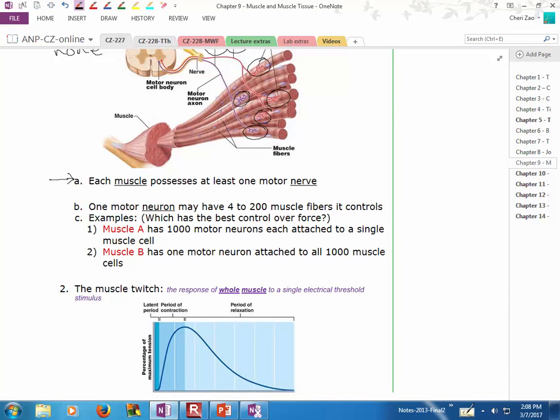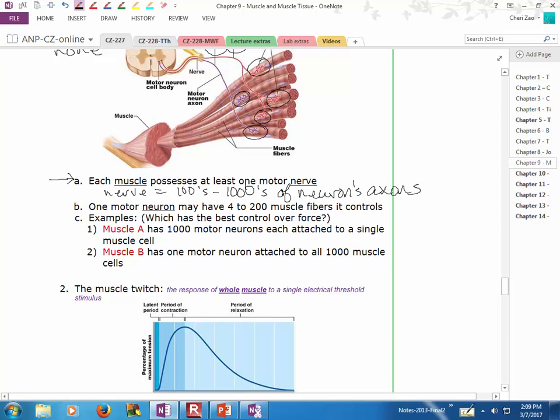One of the things you have to understand is that a muscle is full of hundreds and thousands of muscle cells, correct? A nerve is full of hundreds to thousands of neurons, or axons of neurons. So that's an important thing to realize: nerve equals hundreds to thousands of neurons, axons, because we're going to learn about neuroanatomy.